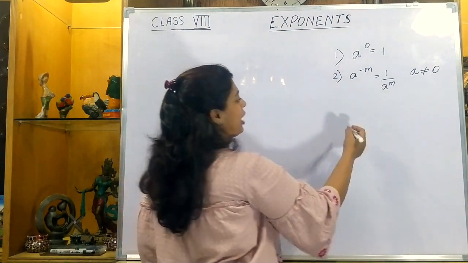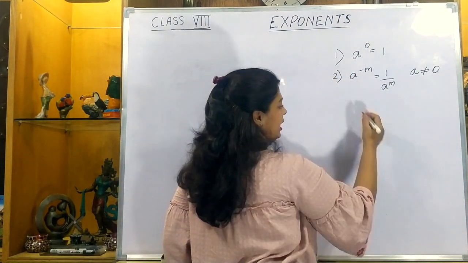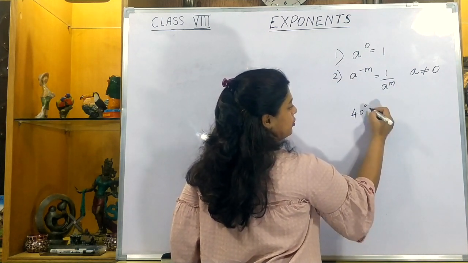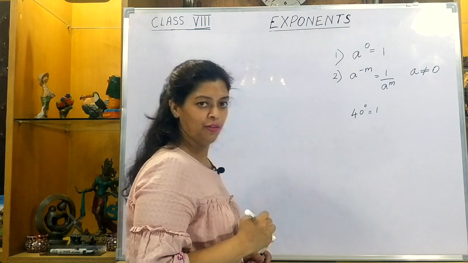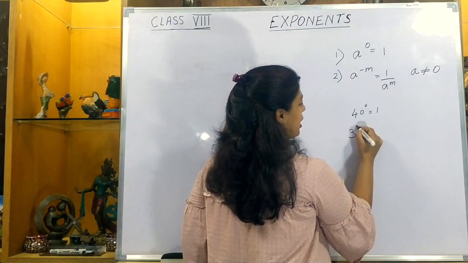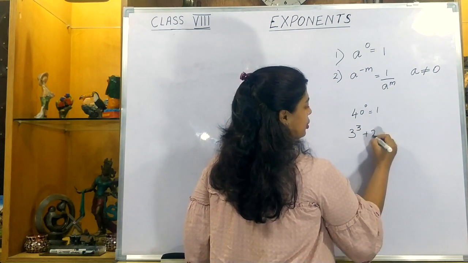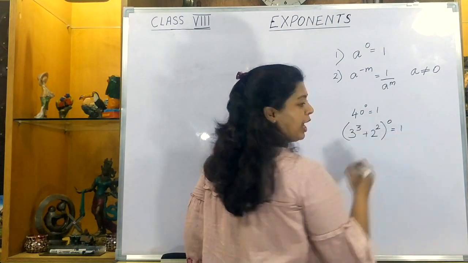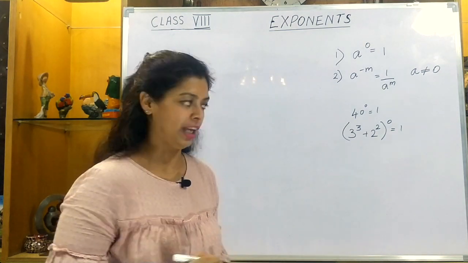This means that if I have any number, the first one a raised to 0 is equal to 1. Suppose if I have 40 raised to 0, the value of this will be 1. Or if I have any expression, say 3 raised to the power of 3 plus 2 raised to the power of 2, the whole raised to the power of 0, the value of this also will be 1.